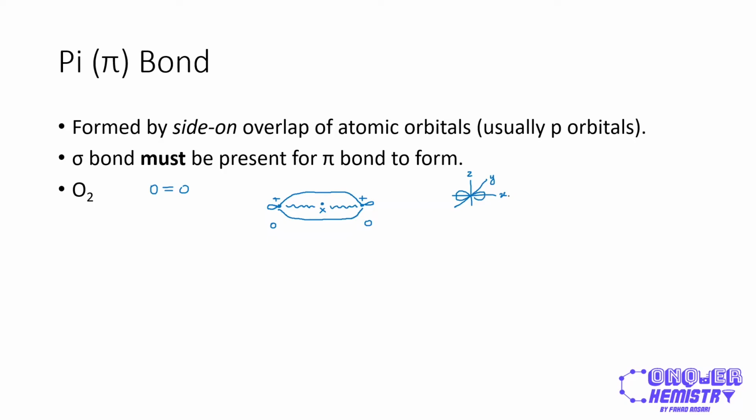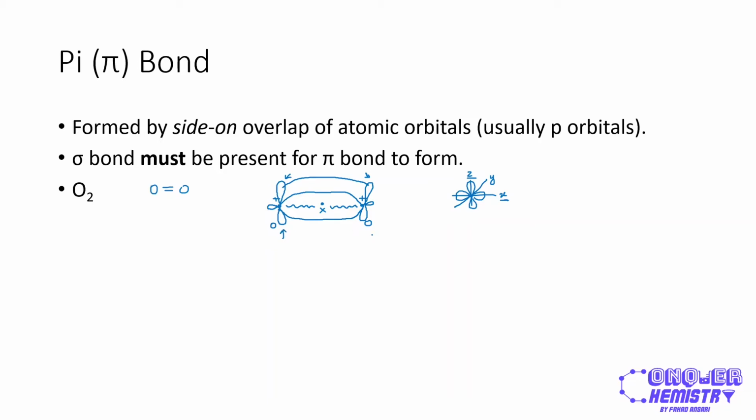So I've shown you the p orbitals along the x-axis overlapping. What if I showed you the incompletely filled p orbitals along the z-axis overlapping? So I have an orbital along the z-axis over here and over here, right? And this end will overlap with this end to form a pi bond.